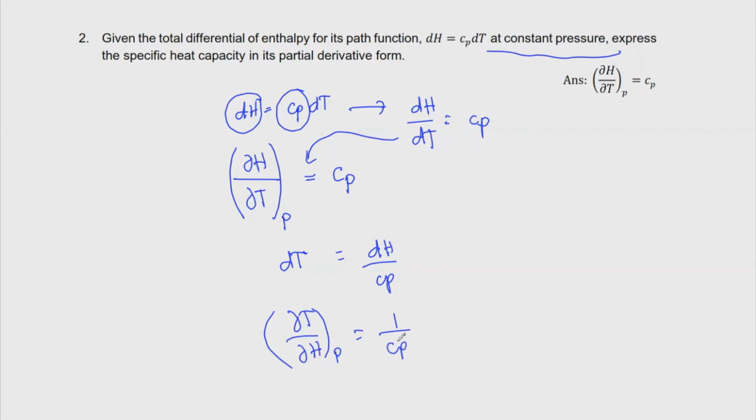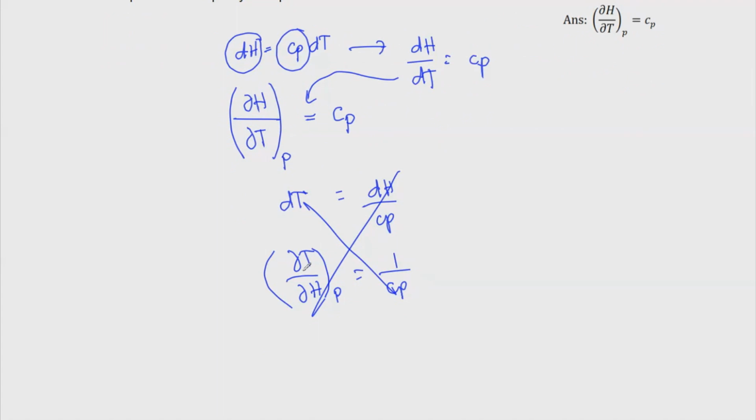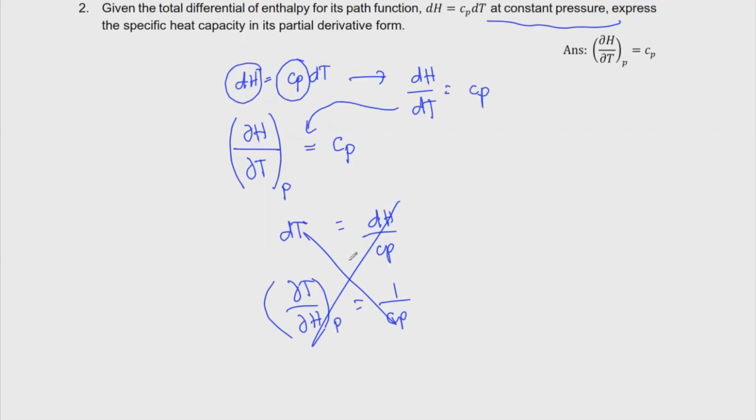But this is not a usual expression that we can see, because what we have here is the change in temperature, and we know that the change in temperature is actually more of the independent variable in our real world. Because this delta H, what you can see at the numerator of any partial derivative is usually the dependent variable, and the one at the bottom is usually the independent variable.